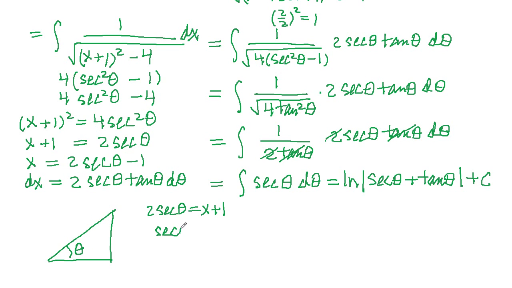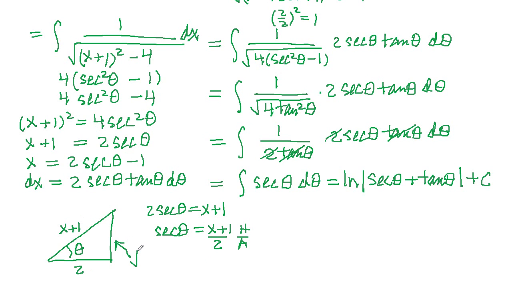So secant theta is x plus 1 over 2. Secant is 1 over cosine. Cosine is adjacent over hypotenuse, so this is hypotenuse over adjacent. So the hypotenuse is x plus 1. The adjacent is 2.